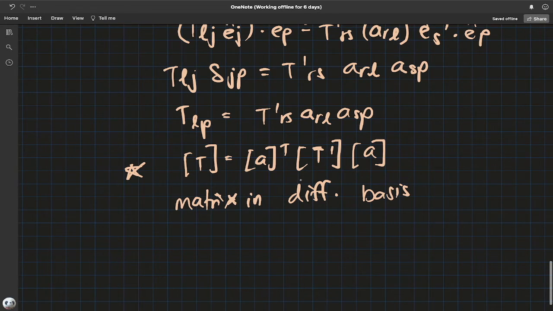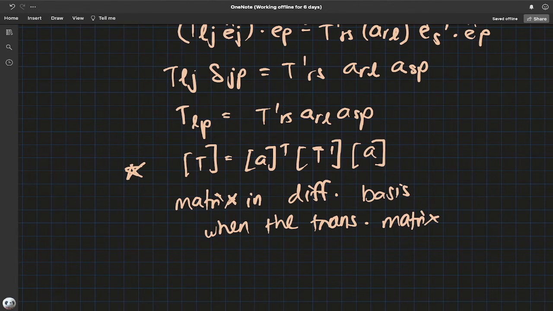This formula is the formula for representing a matrix in a different basis when the transformation matrix, which is not the same as this guy, I mean T prime and A are different, when the transformation matrix, which means the A, is orthogonal.